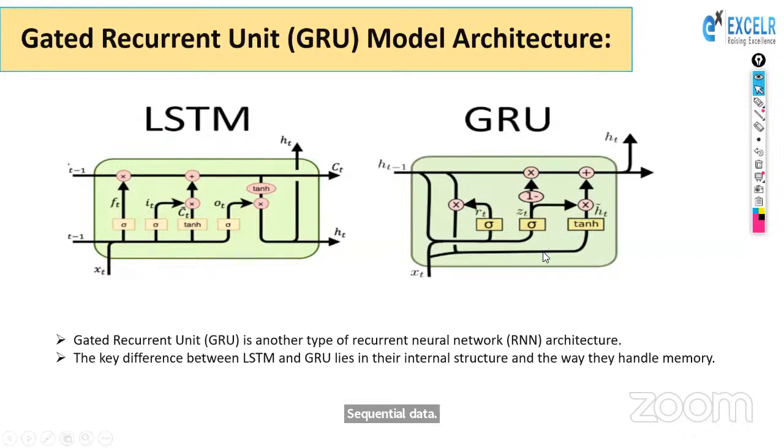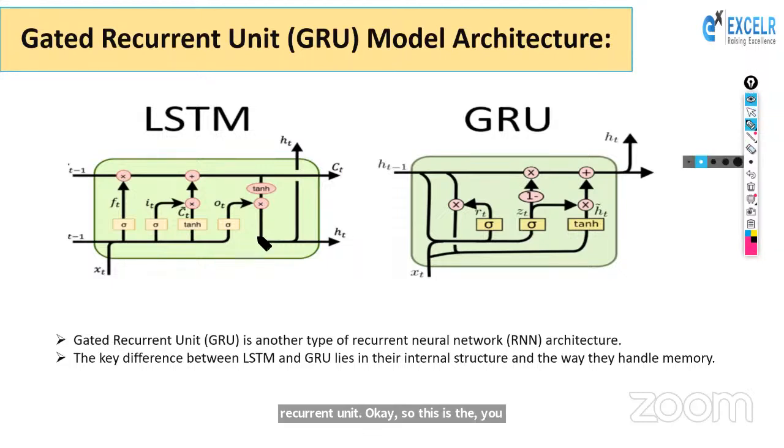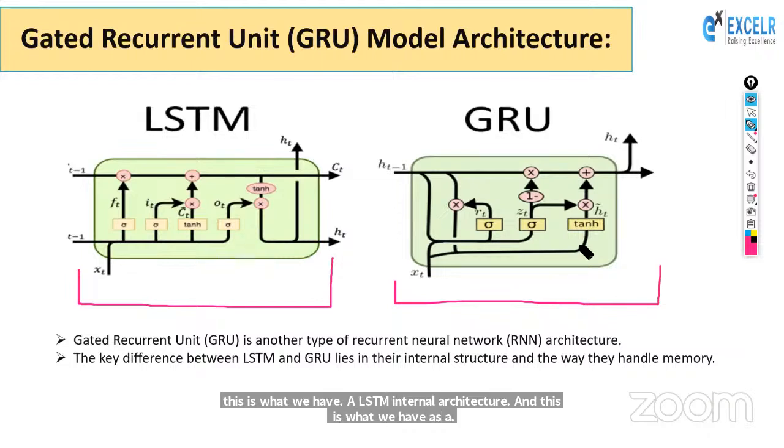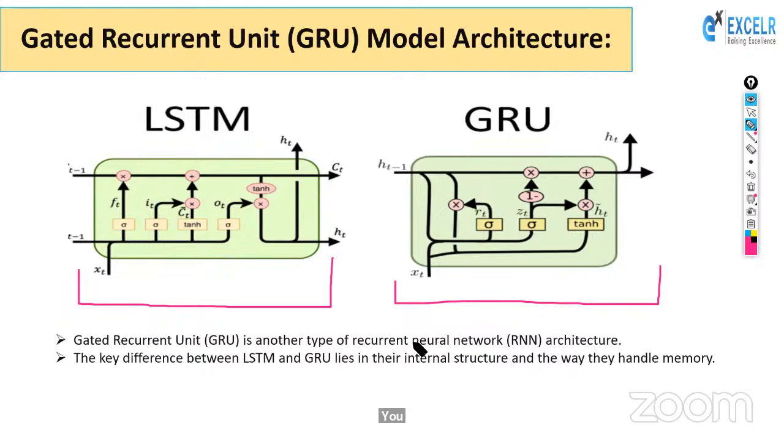And then if you recall, guys, under the gated neural network architecture, we have another model which we call the GRU, gated recurrent unit, right? This is the modified version of the LSTM model. So this is the LSTM internal architecture, and this is the gated recurrent unit GRU internal architecture. It is another kind of gated neural network model.